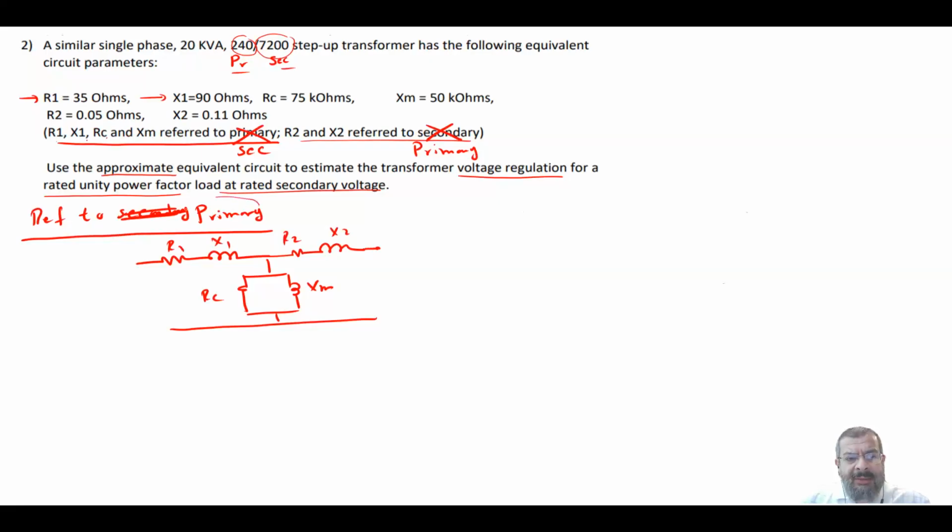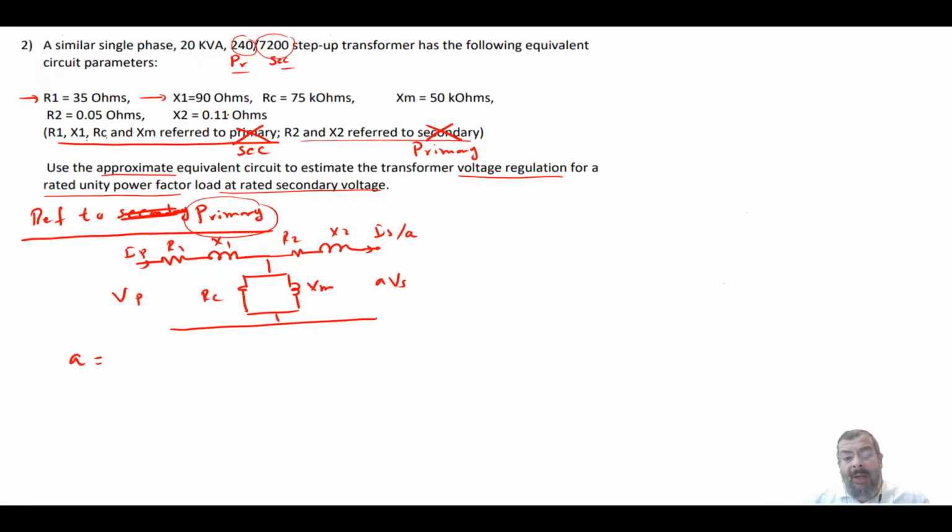Now, since everything is referred to the primary, this will be aVs, and this is Is over a. This is the V primary, and this is the I primary, because I'm referring everything to the primary. So the secondary voltage is multiplied by the ratio a, and the current is divided by a. Now what is a?